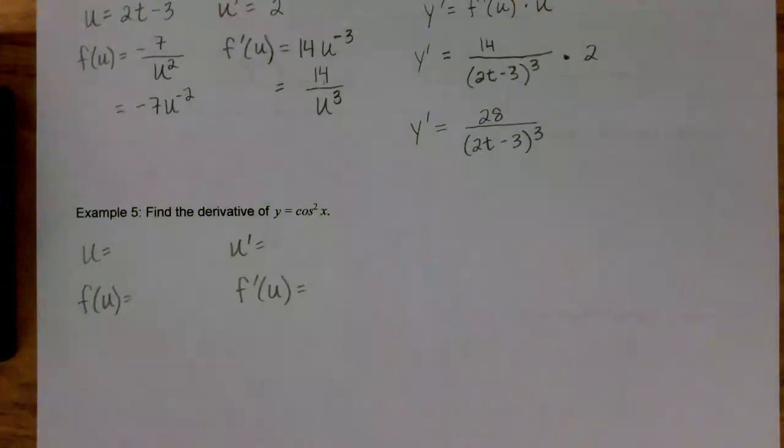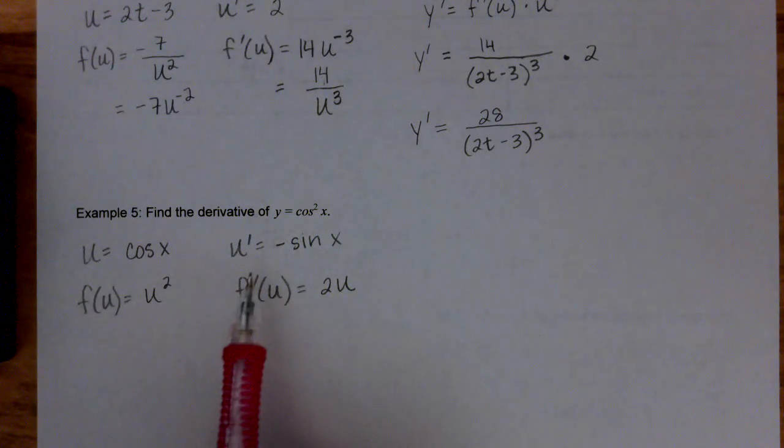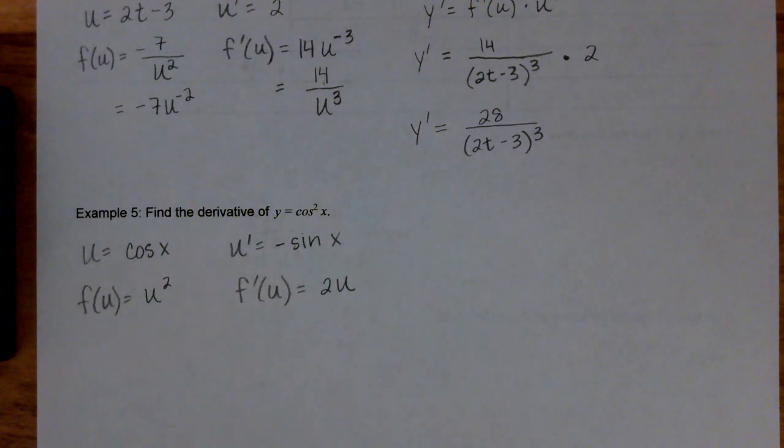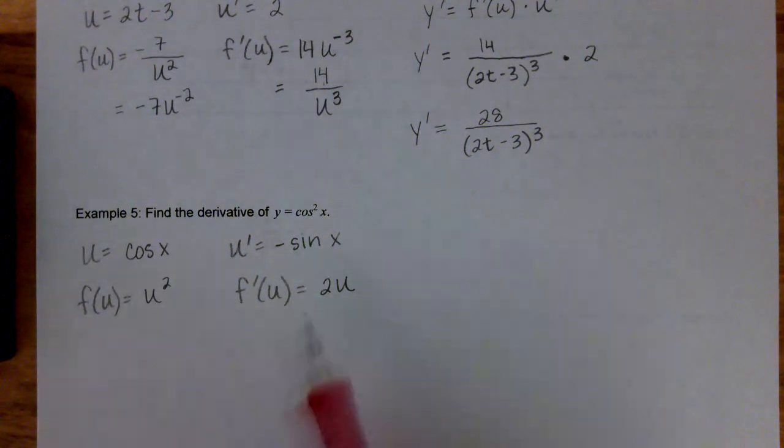So for our last example, I'd like you to find u, u prime, f of u, and f prime of u. So here, u was cosine x, so the derivative is negative sine of x. F of u was that function squared, so f prime of u is 2u.